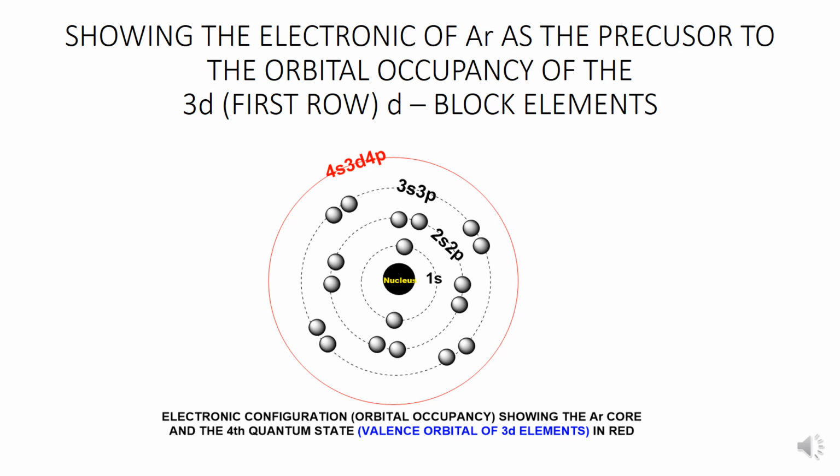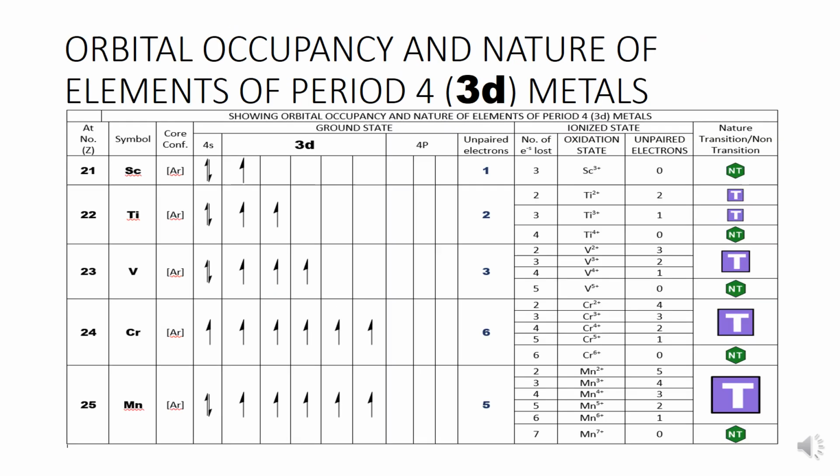As you can see from the schematic in front of you, there is the black portion showing the argon core, which is the 2-8-8 configuration of the noble gas argon. Thereafter comes the 4s, the 3D, and the 4p, as you can see.